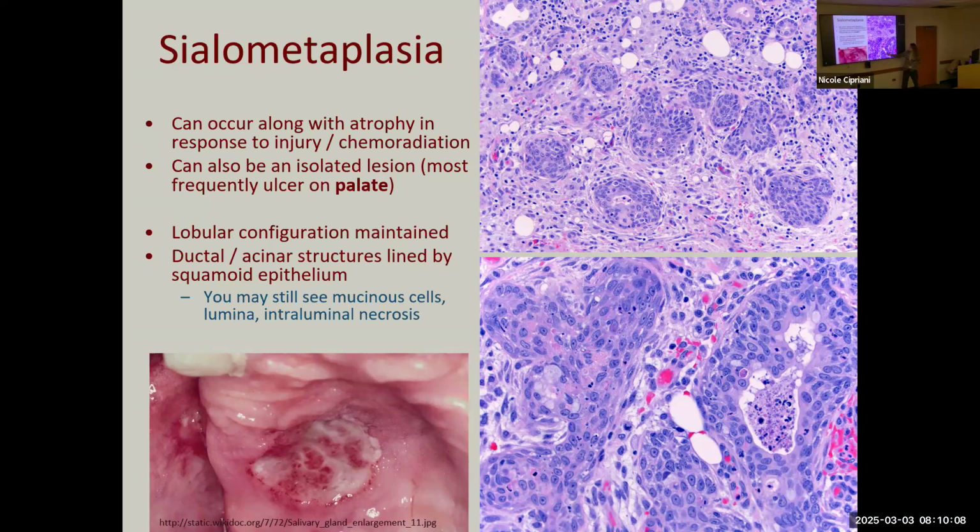You sometimes will see residual mucocytes, which is a good hint. You sometimes see preservation of the lumina of the duct with grungy material in the middle. And if you have enough tissue, again, you'll see that lobular architecture being preserved.